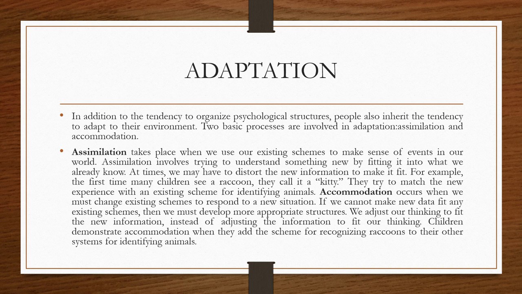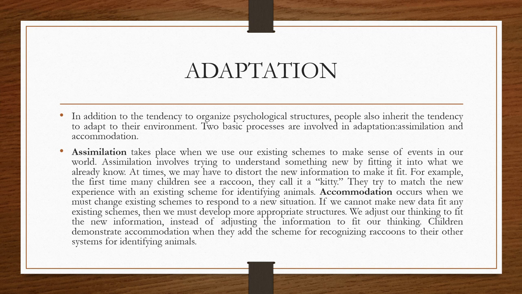So a new word will always be new until you just research it. When you research it, you get to know the meaning of raccoon. You compare it with a kitty, because a raccoon is an animal that is really similar to a cat, or maybe a kitten, or maybe a kitty. This is how you get to assimilate the information that you already know.